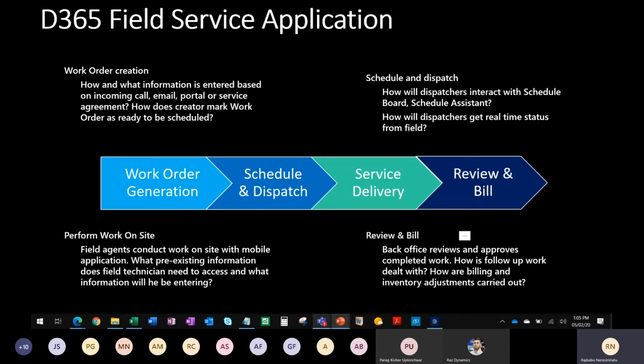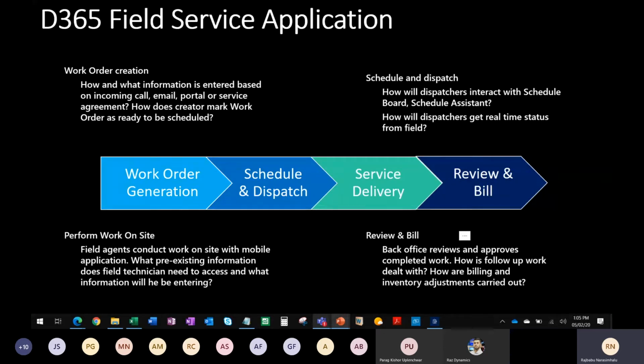Once it is scheduled and dispatched, it reaches the technician who is in the field. Then they take the information, go to the customer location, perform the service, capture all the information they need to capture at the customer location, and complete the work order.